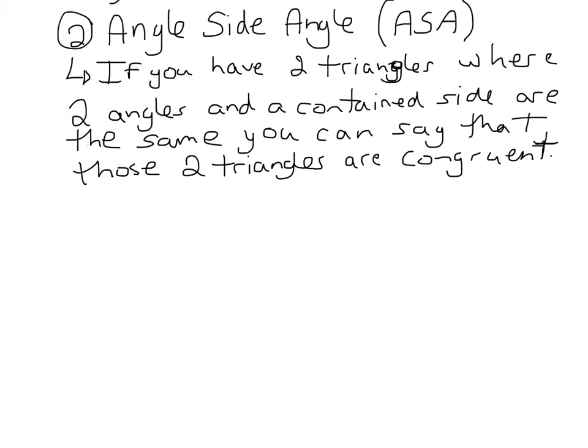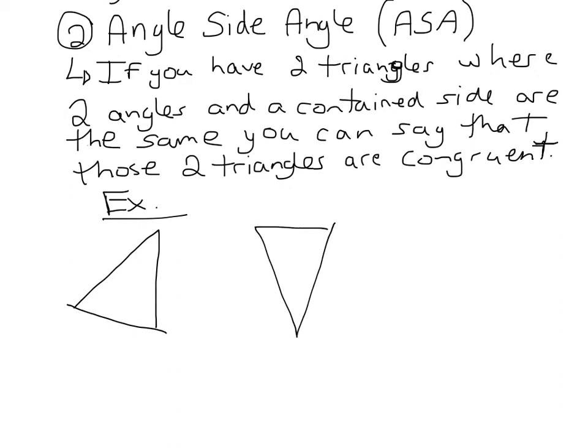So, for example, if I have this triangle here, triangle 1, and this triangle here, triangle 2, and I say that this angle here is 70, this angle here is 70, and that this is 2 centimeters, and I say this angle here is 70, and this angle here is 70, and this is 2 centimeters.